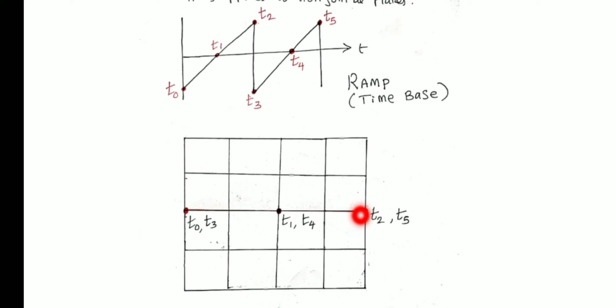Hence the luminous point reaches the maximum extreme position on the right side in the horizontal line. Now look at the ramp signal.